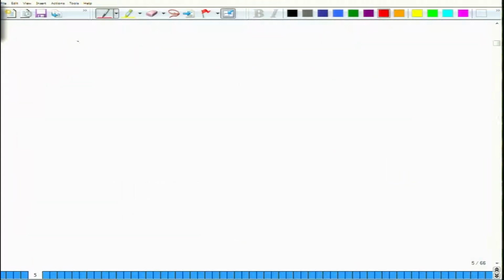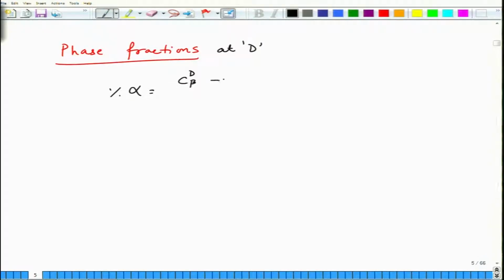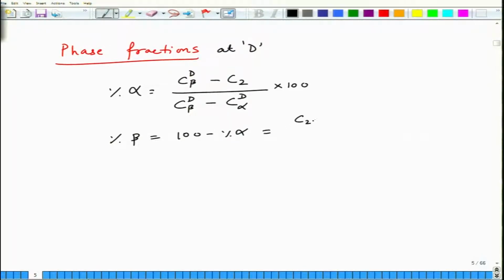So, when you apply the lever rule, phase fractions at D you will have percentage alpha equal to (C beta D minus C2) divided by (C beta D minus C alpha D) into 100, and percentage beta will be equal to 100 minus percentage alpha, which is equal to (C2 minus C alpha D) divided by (C beta D minus C alpha D).